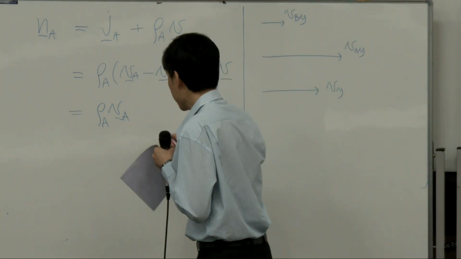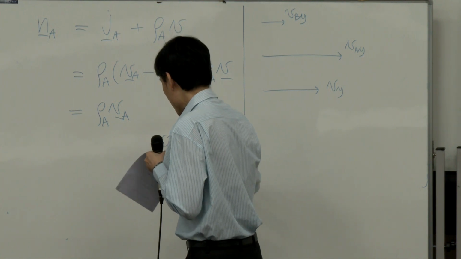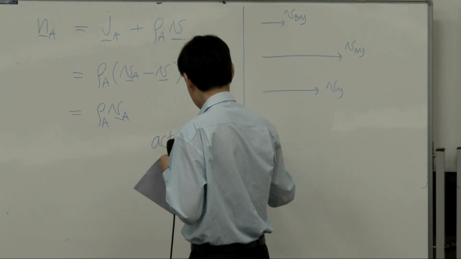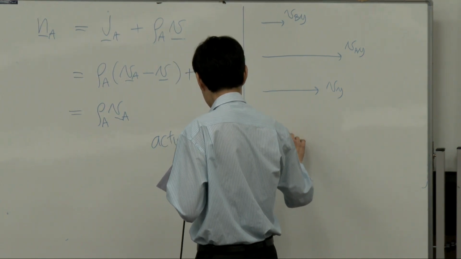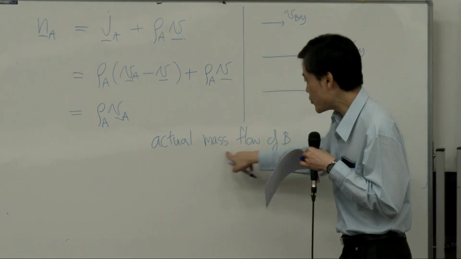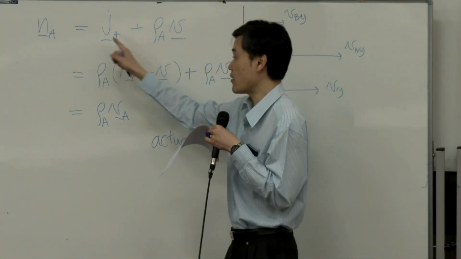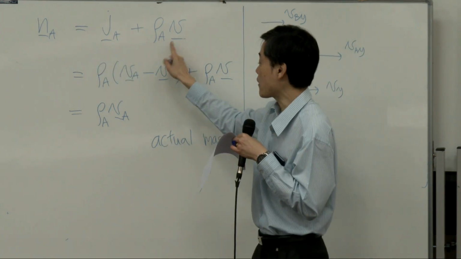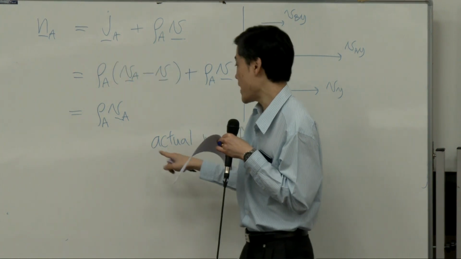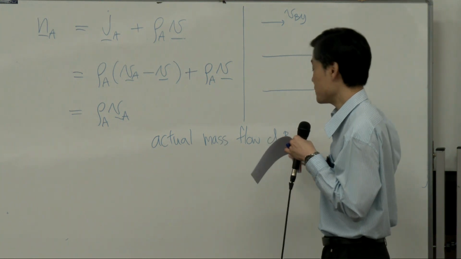Now, if I want to find actual mass flow of B, actual mass flow of B is basically a result from combination of convective flux and molecular or diffusion flux. So actual mass flow of B is related to NB.